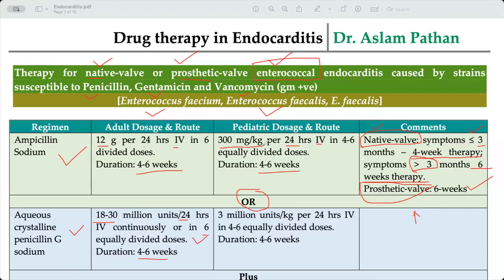Pediatric dose of aqueous crystalline penicillin G is 3 million units per kg per 24 hours intravenous in 4 to 6 equally divided doses, and duration of treatment is 4 to 6 weeks.